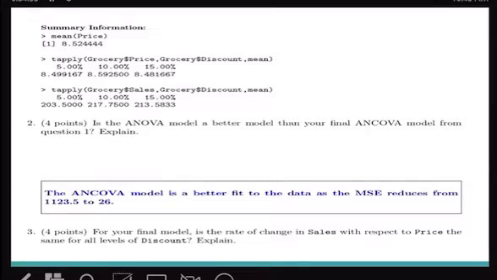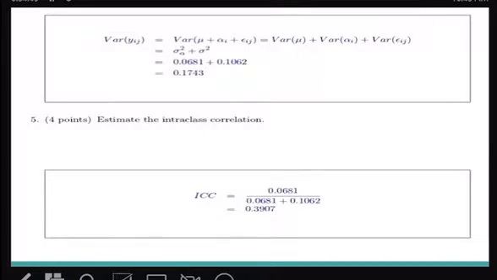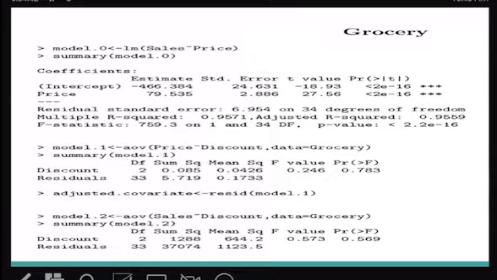What I needed to do was go back to when they did not consider ANCOVA at all. Take a look at model.2. Do you see model.2? There is no covariate. They look at the effect of discount on sales. What is the mean square error here? The mean square error here is 1123.5.